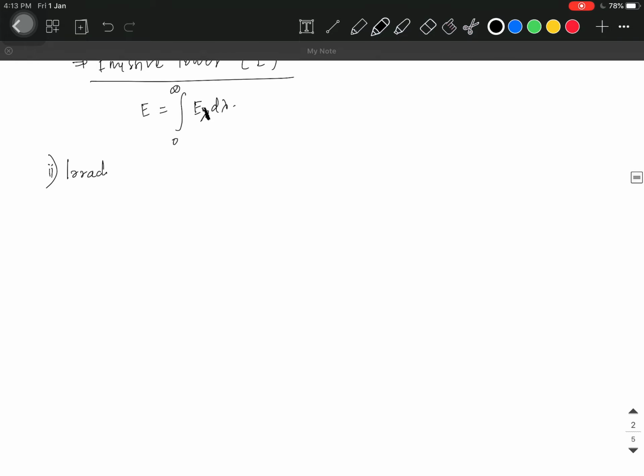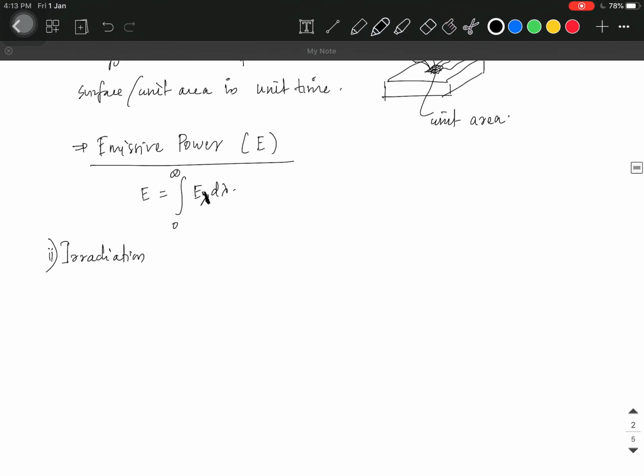So the second term is nothing but the irradiation. Okay, and to describe that, let's consider some surface like the previous case, and on this surface, let's consider a unit area.